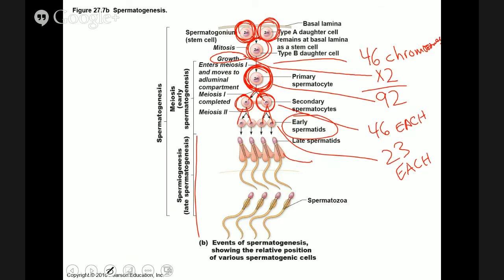You can see the cytoplasm is coming off here, leaving the genetic information, and they grow tails, and then they end up here as the spermatozoa, which we call the sperm. Now these sperm are ready to go. They're ready to embark on their mission, which is to swim through the female reproductive tract and fertilize an egg.